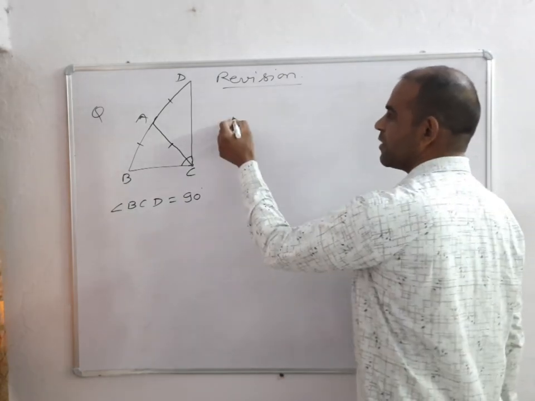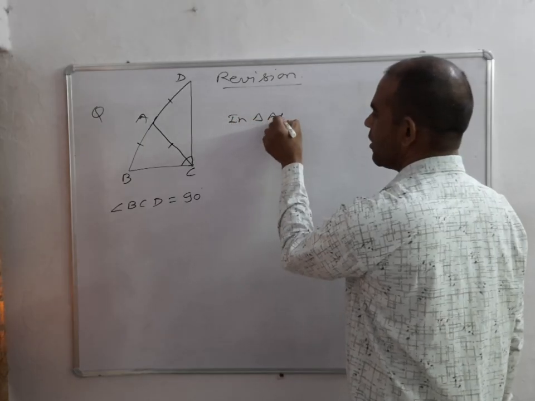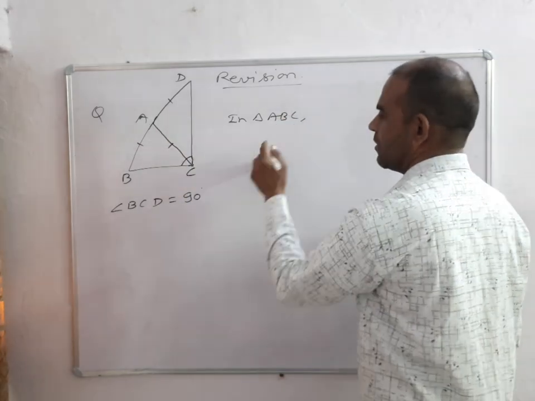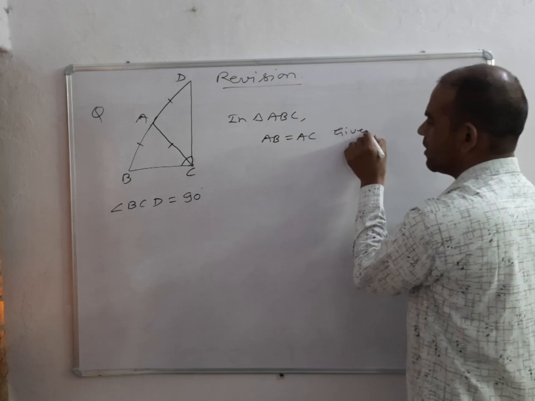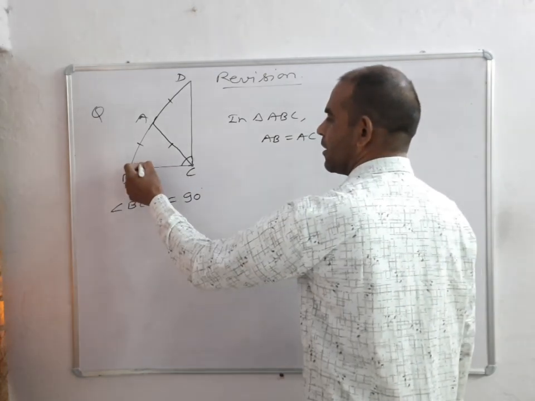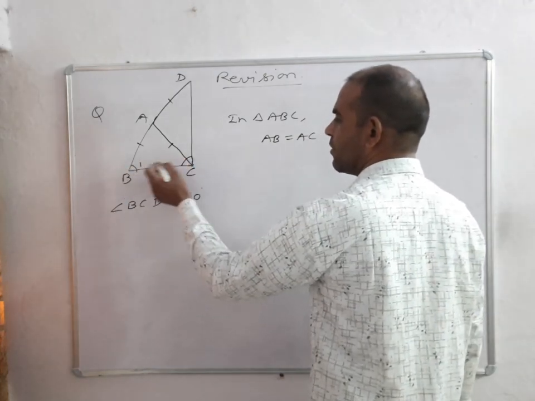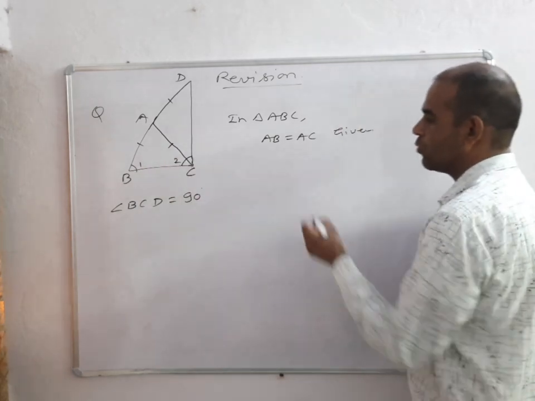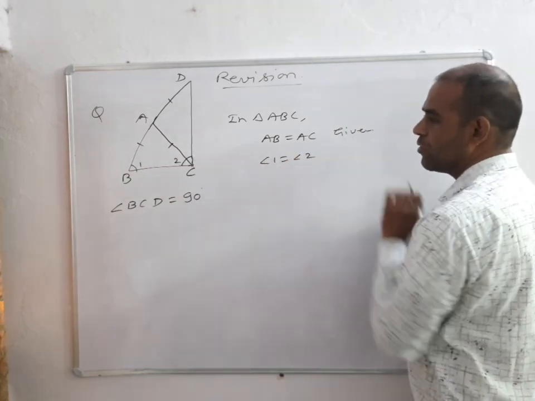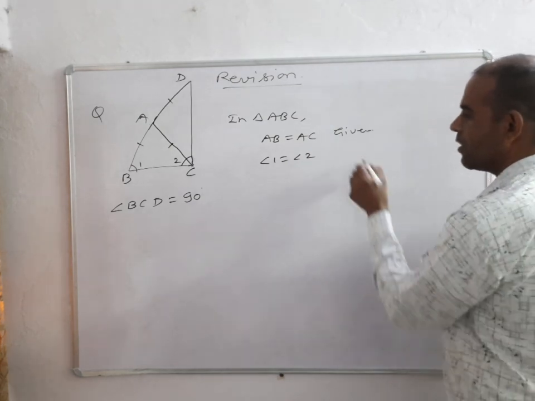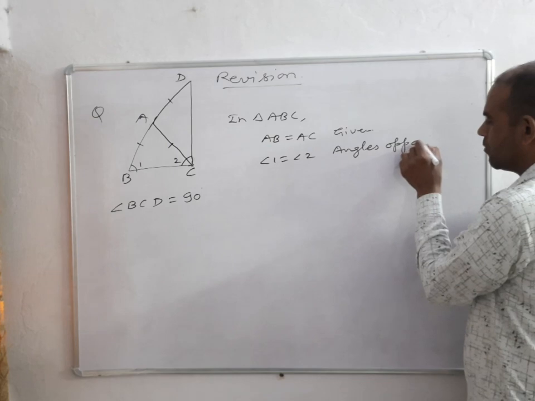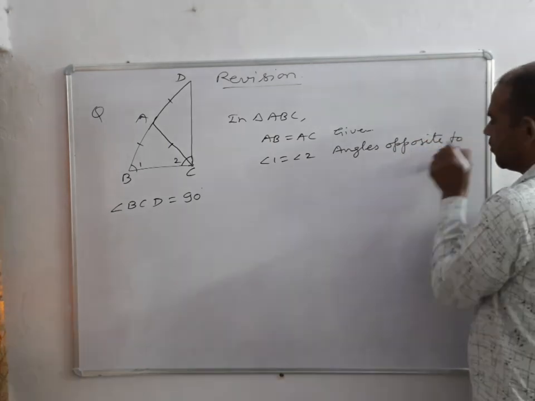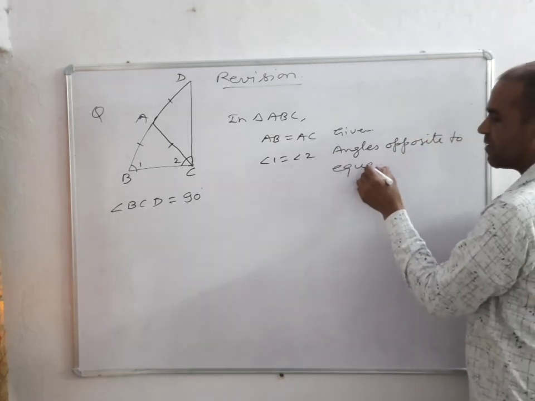So first of all, given in triangle ABC, AB equals AC is given, and angle 1 and 2, angle 1 equals 2. Reason, angles opposite to equal sides are equal.